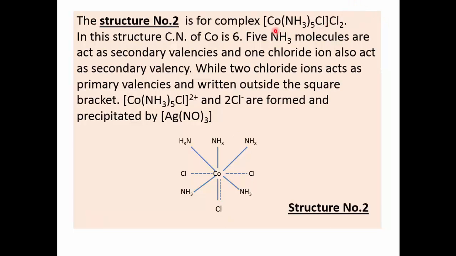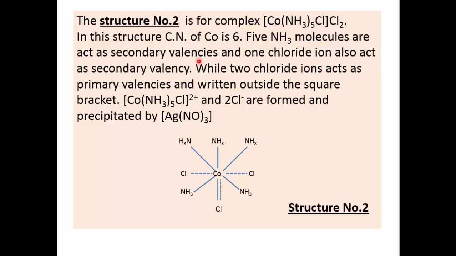See here, cobalt is now attached to 5 ammonia molecules and 1 chloride ion. This indicates that in this structure also cobalt shows coordination number 6. This is very important. Cobalt shows 6 coordination number. Out of that, 5 are ammonia molecules.